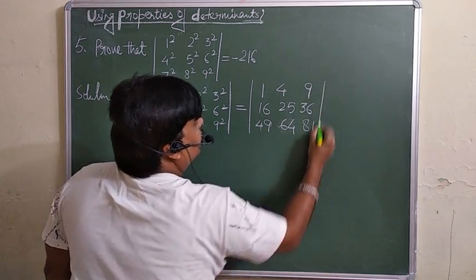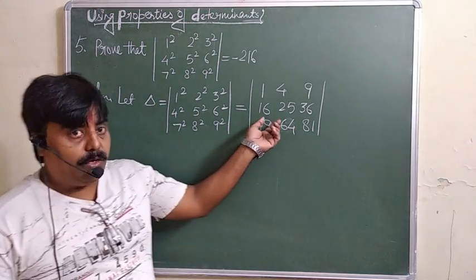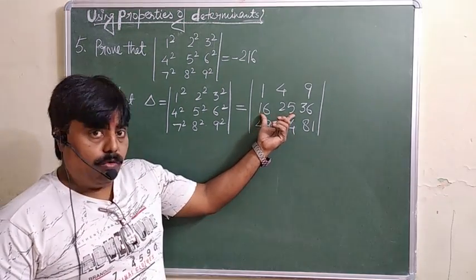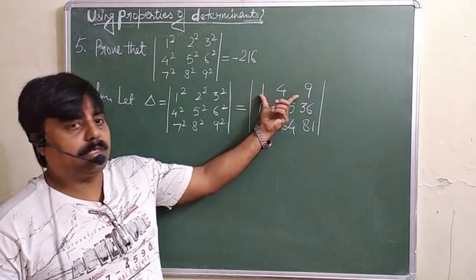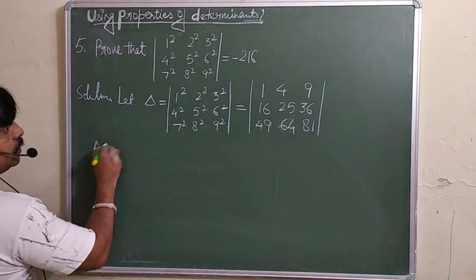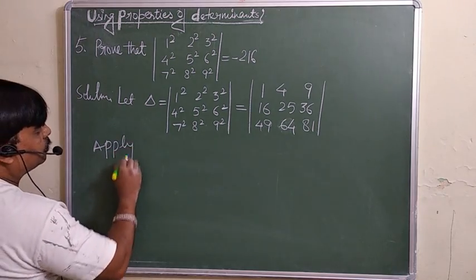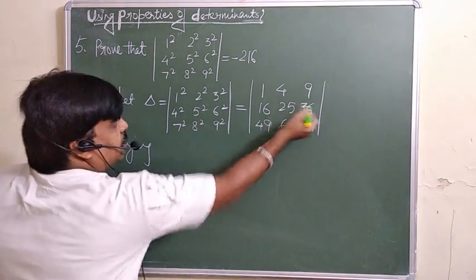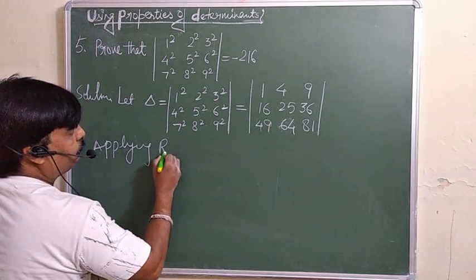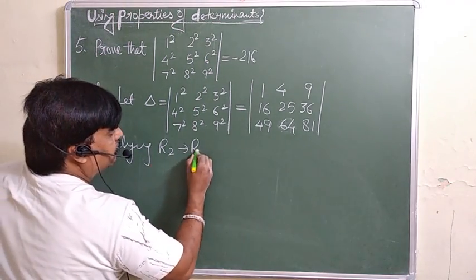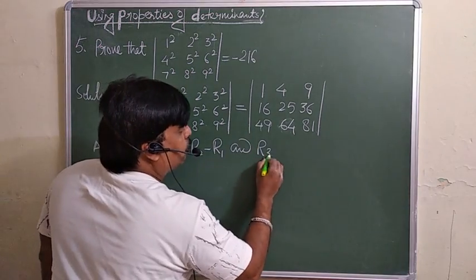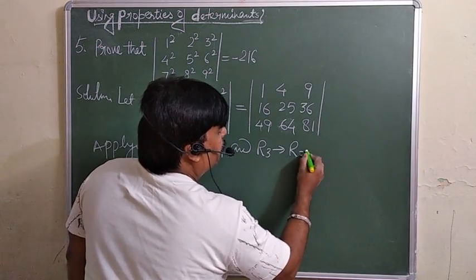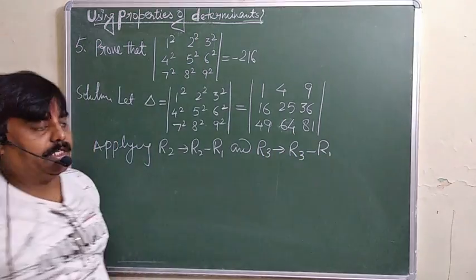Now one operation we can do: from the second row we subtract the first, and from the third row we also subtract the first row elements, just to reduce these numbers.